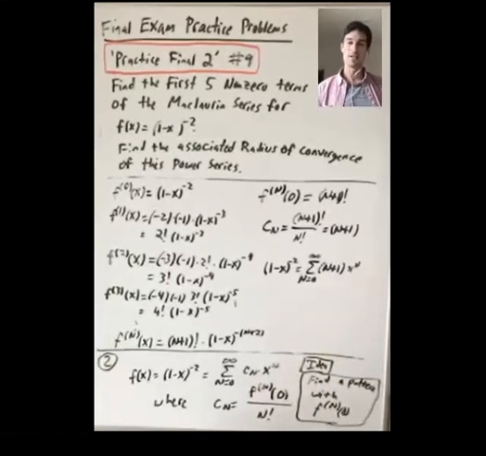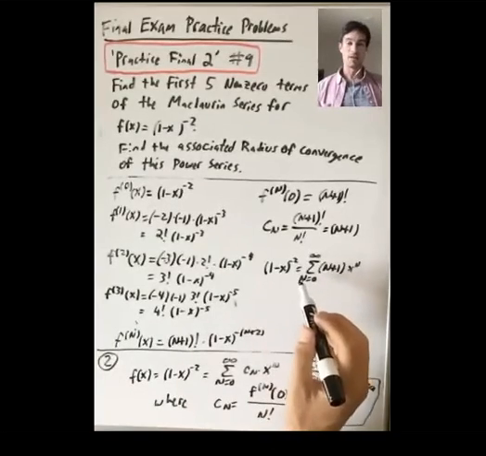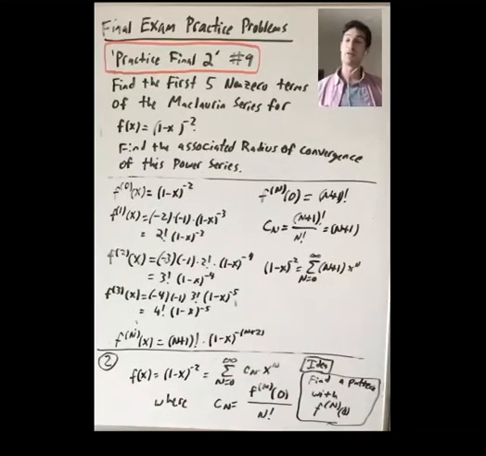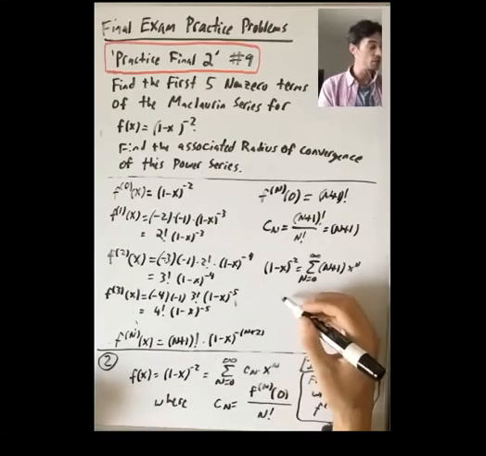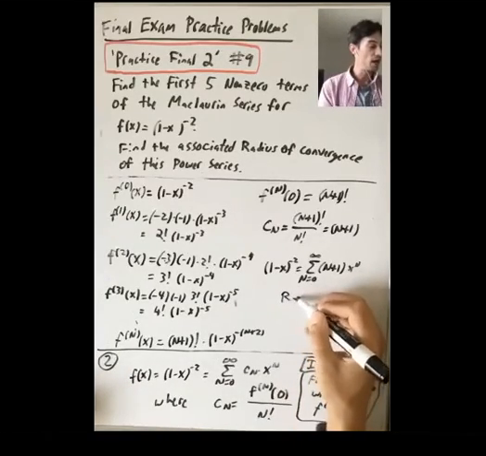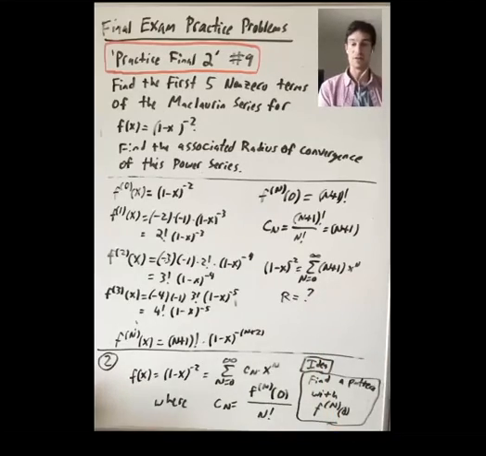So one difference here is if you don't get this power series by noticing that you can start with the geometric series and take a derivative and use the fact that when you take a derivative, the radius of convergence doesn't change, you have to find the radius of convergence.